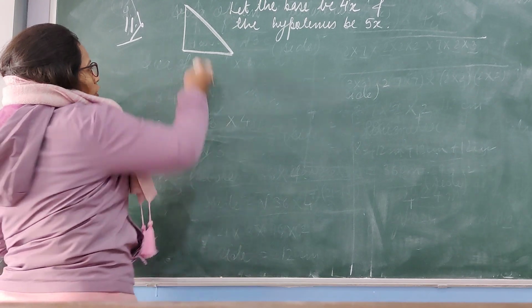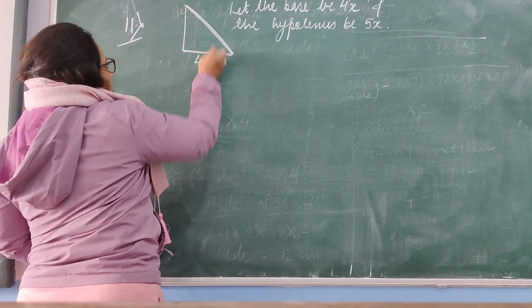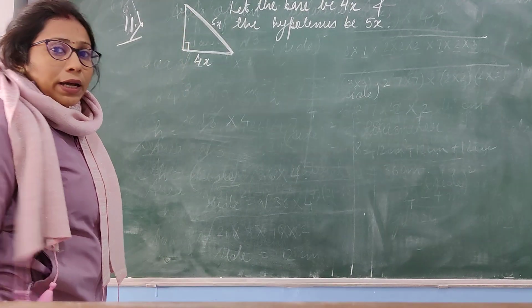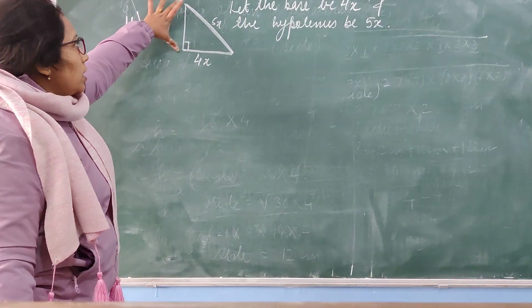Now if you remember this, if this is 4x and this is 5x, this is a right angle triangle. By applying Pythagoras theorem, we can calculate this.